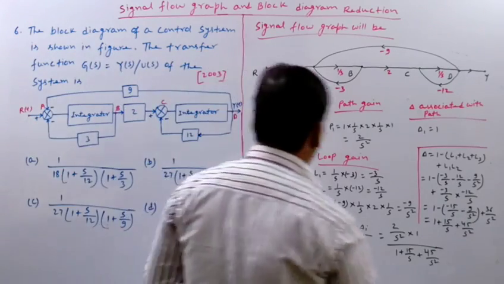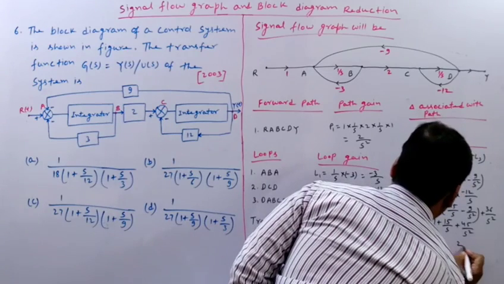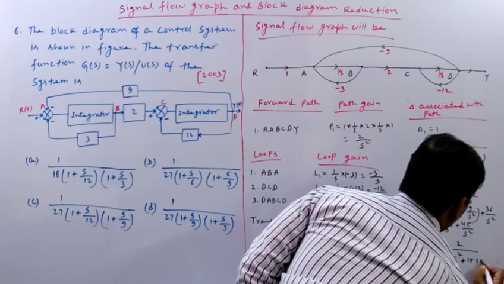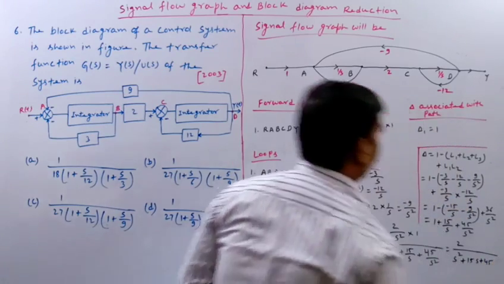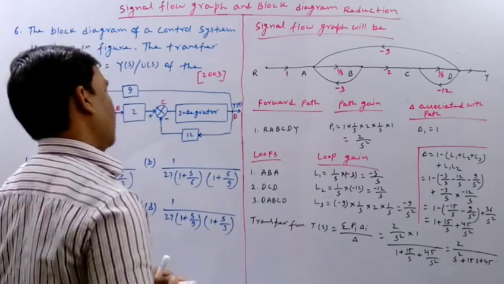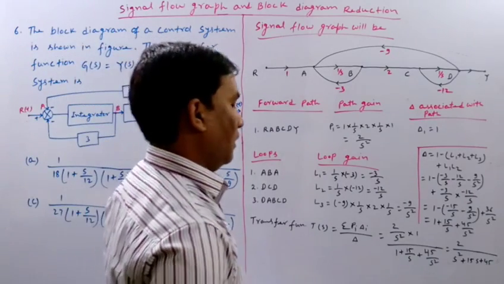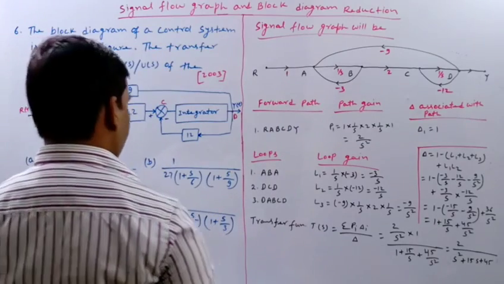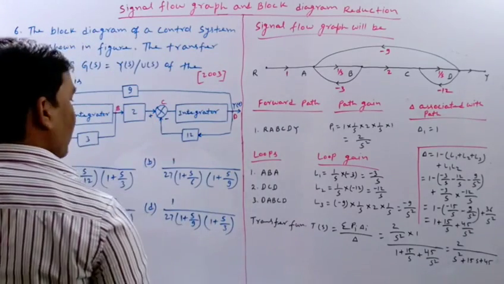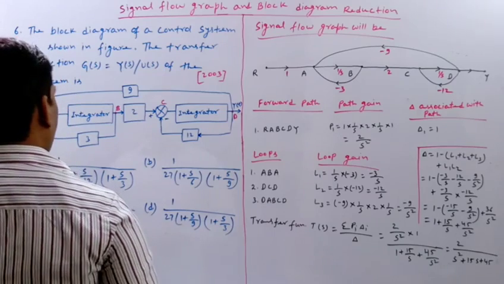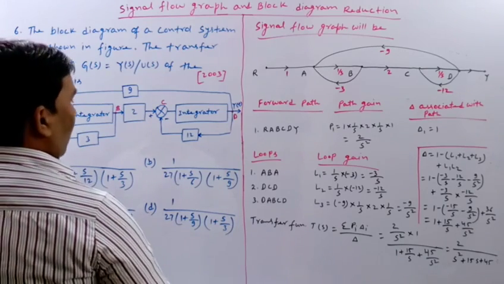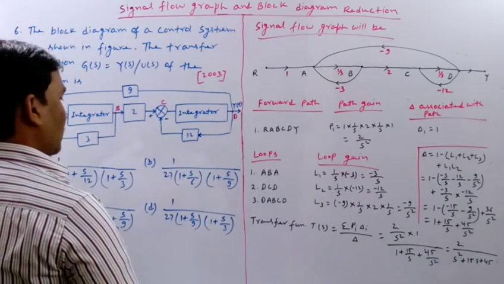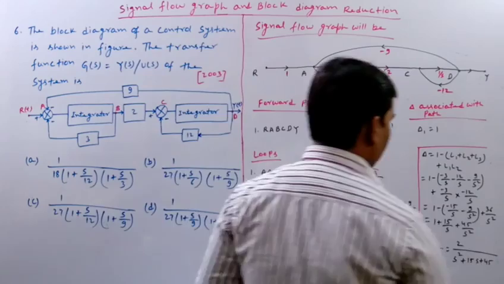So it will be 2 by s square plus 15s plus 45. Now if we see which one will be the correct option, this one will be okay.